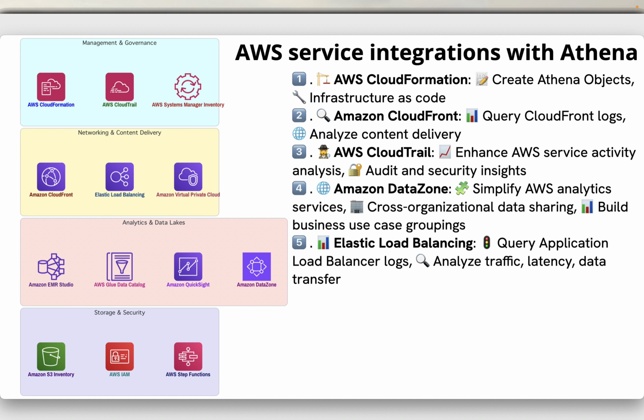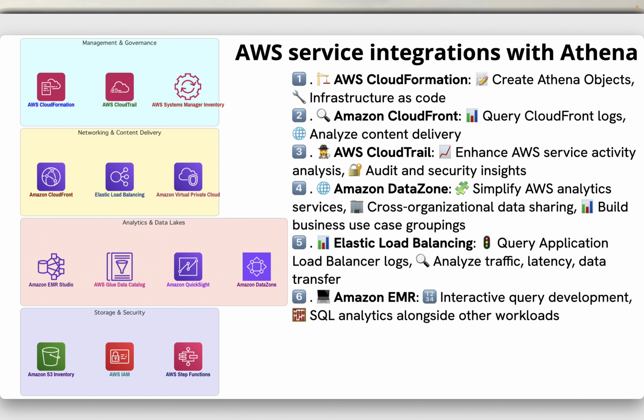Athena can query application load balancer logs, which allows you to see the source of traffic, latency, and bytes transferred to and from Elastic Load Balancing instances and backend applications. Amazon EMR. You can utilize Athena in EMR Studio for interactive query development, enabling SQL analytics on Athena within the EMR interface alongside Spark, Scala, and other workloads.